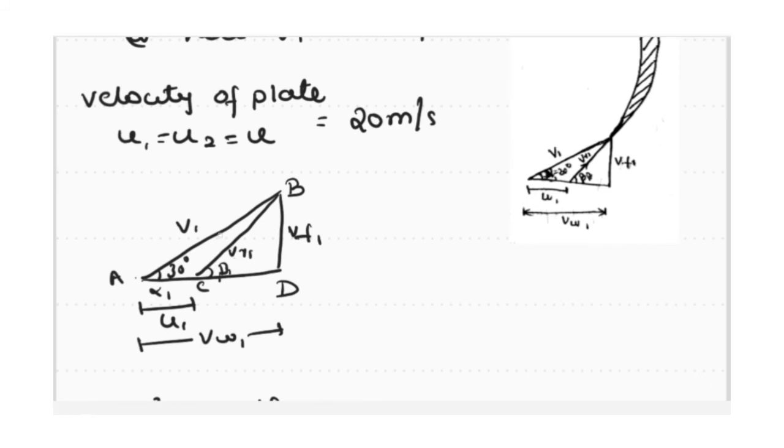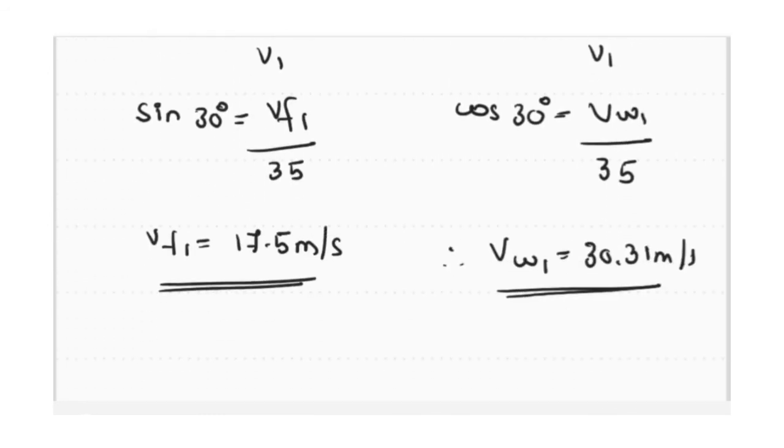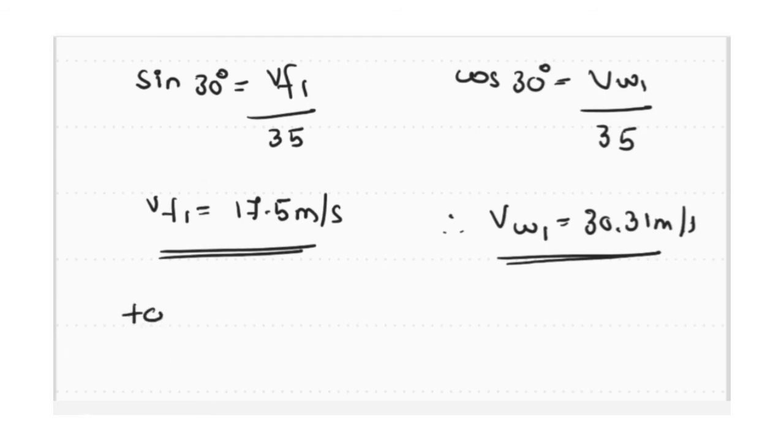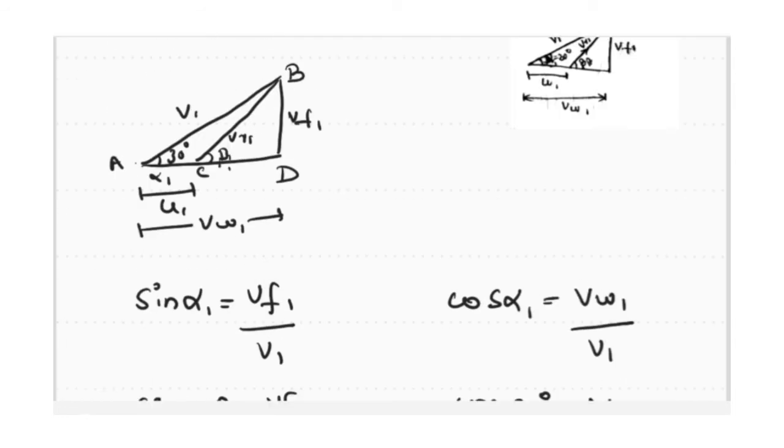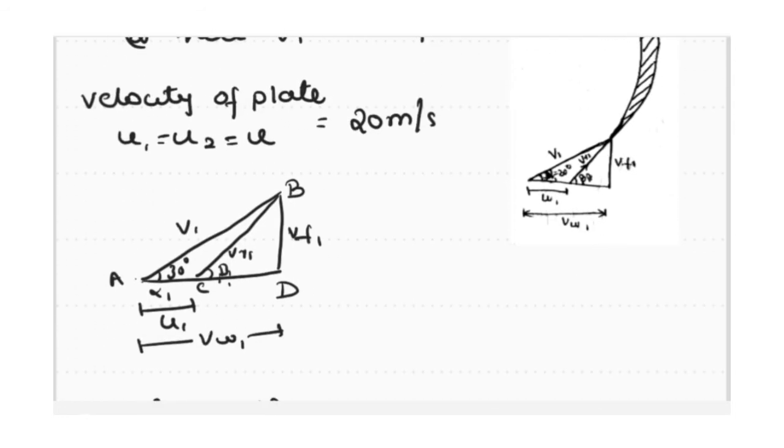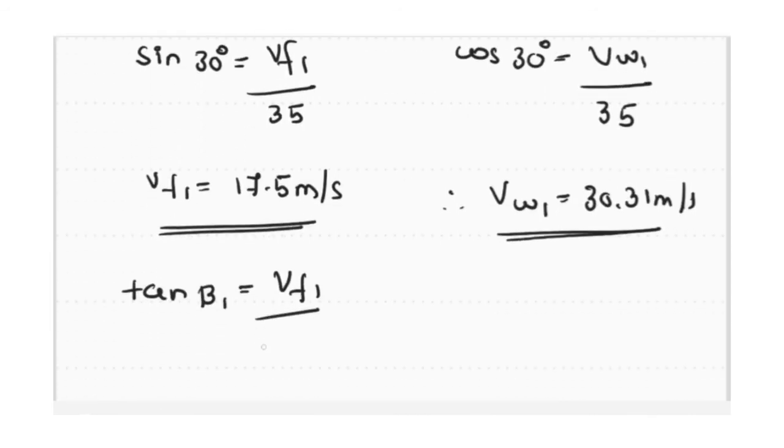The only things left are beta 1 and VR1. So first we will go with the calculation of beta 1. We know the opposite side and the adjacent side, so we will apply tan to the triangle BCD. Tan beta 1 is equal to the opposite side VF1 over the adjacent side CD, which is VW1 minus U1.